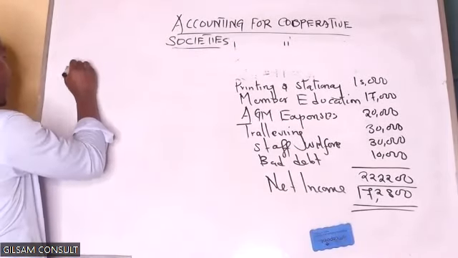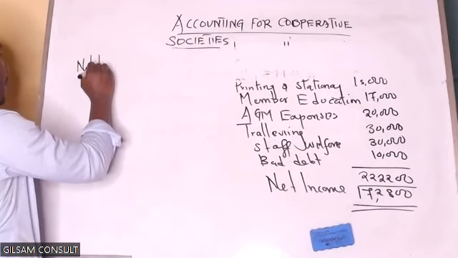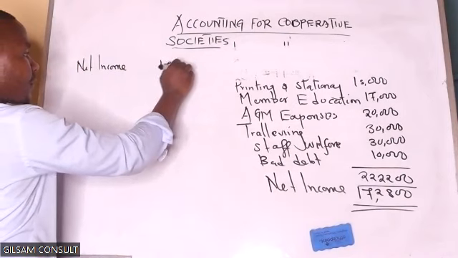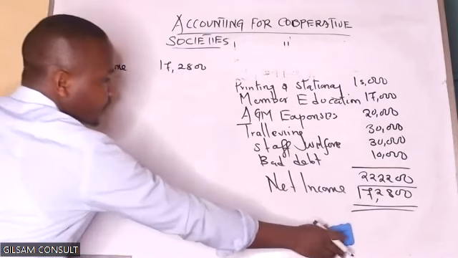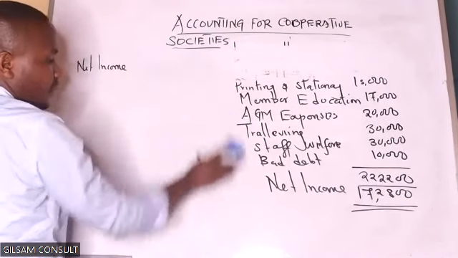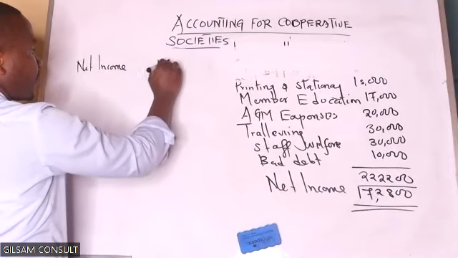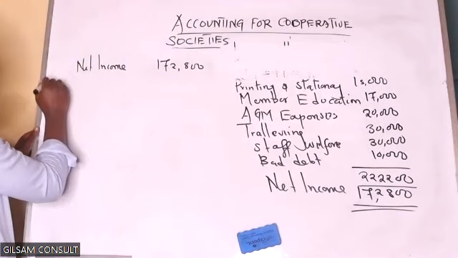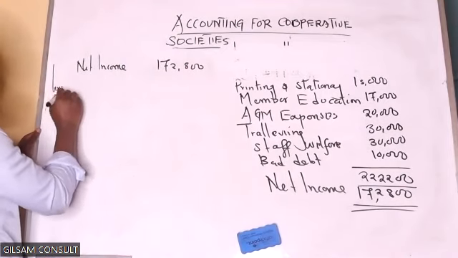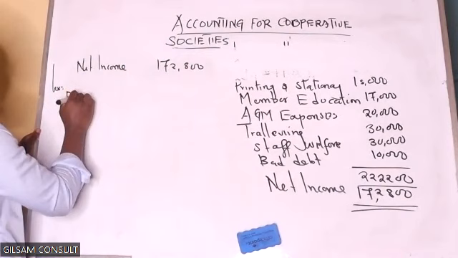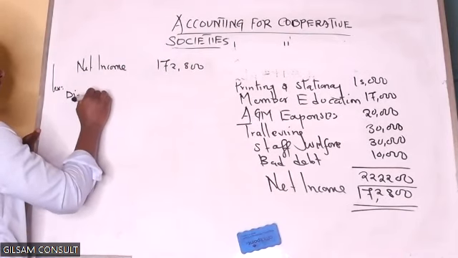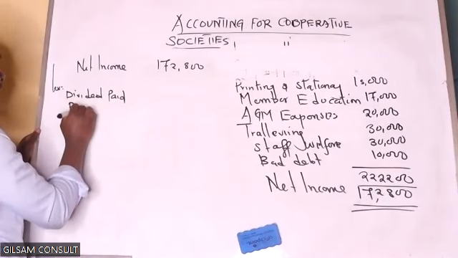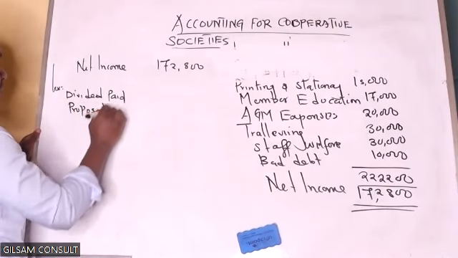So we have the net income. We deduct the dividend paid and the proposed dividend.